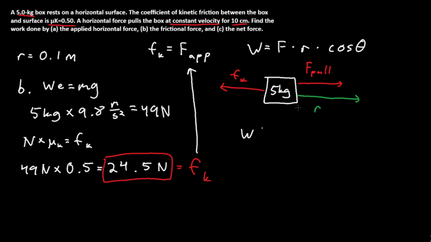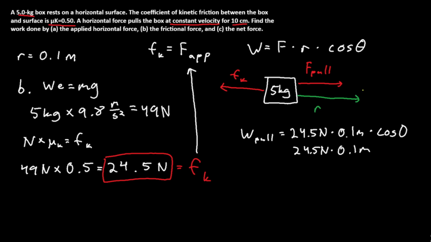So the work for the pull force is equal to 24.5 newtons as our established pull force, times the displacement, which is 0.1 meters, times the cosine of the angle between them. Since they point in the exact same direction, the angle between them is 0, and the cosine of 0 is equal to 1.